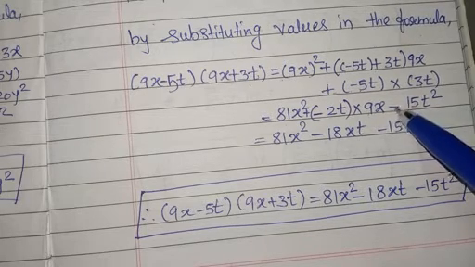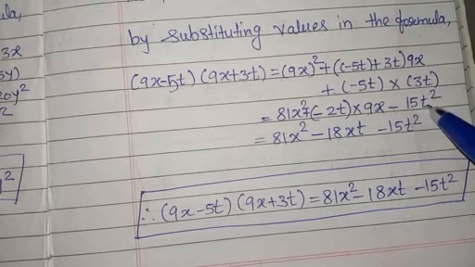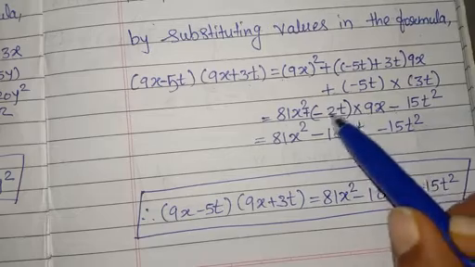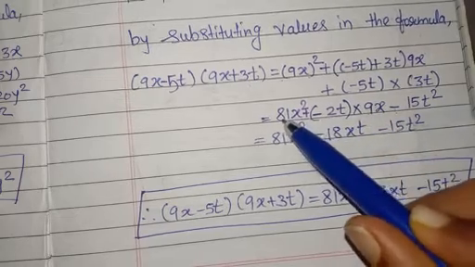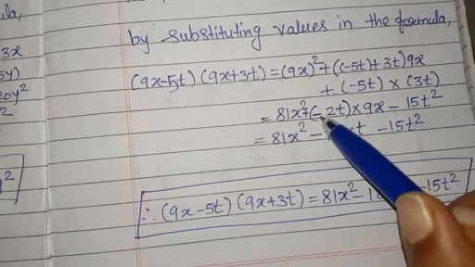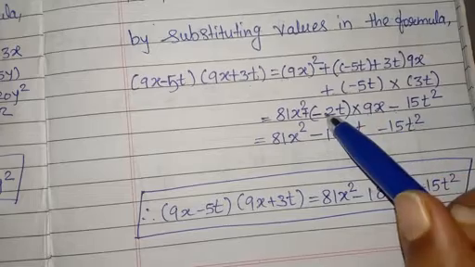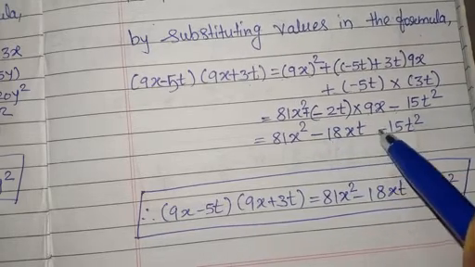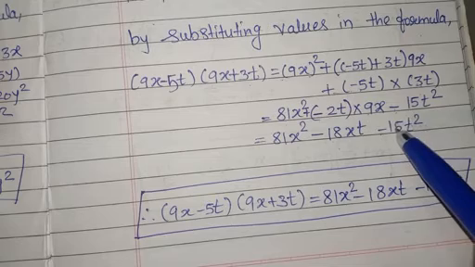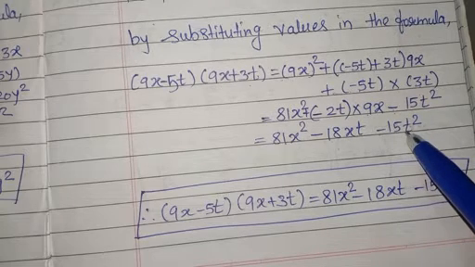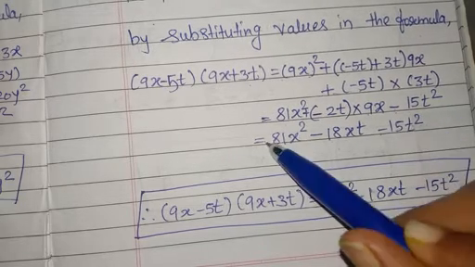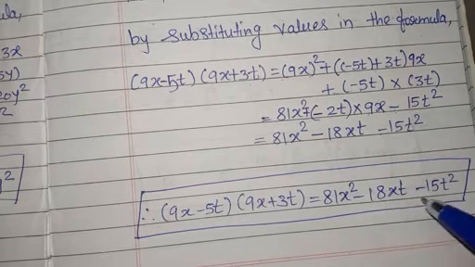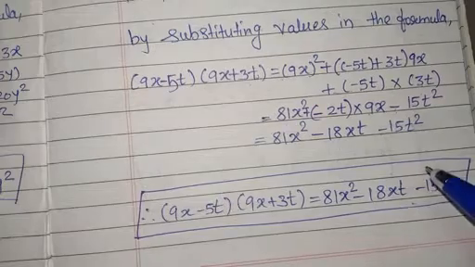Okay, so minus 15t square. Now we'll solve this middle step. 81x square minus 9 2s are 18, so minus 18xt minus this 15t square as it is, we'll write here. Okay, so this is final solution. Again we'll write down answer in box.